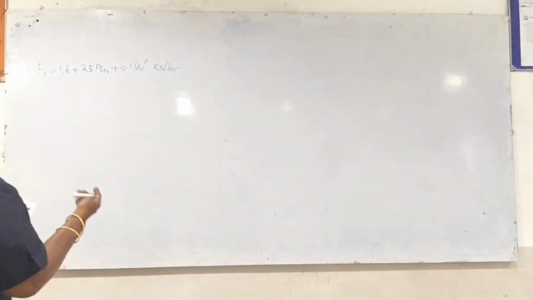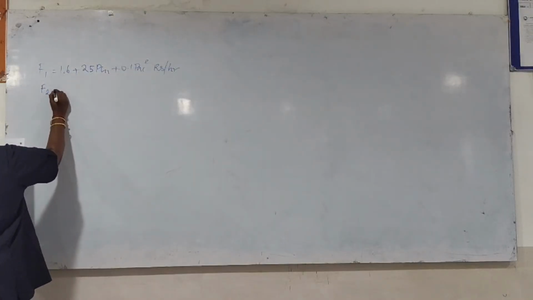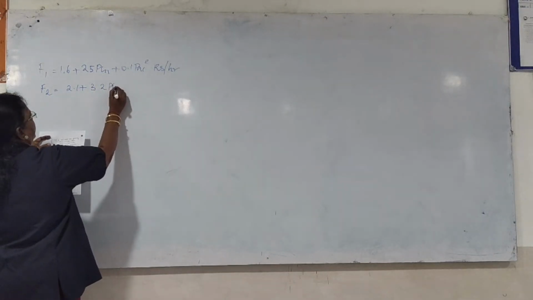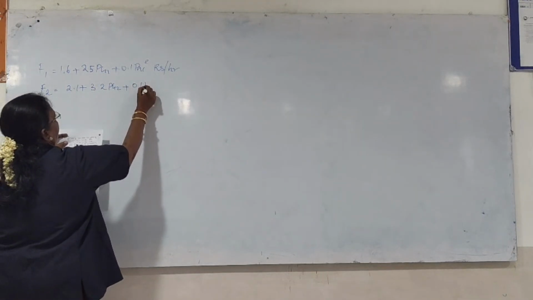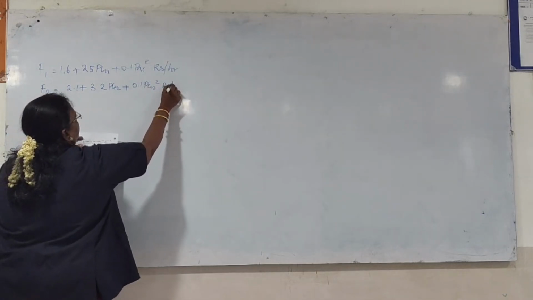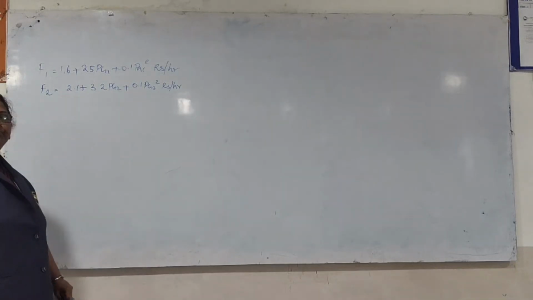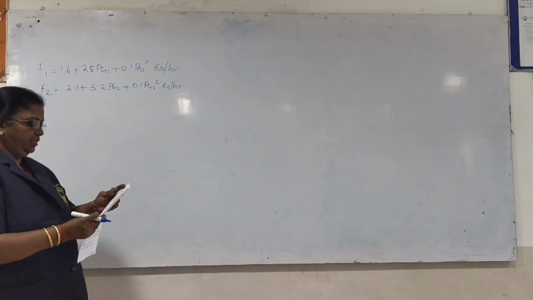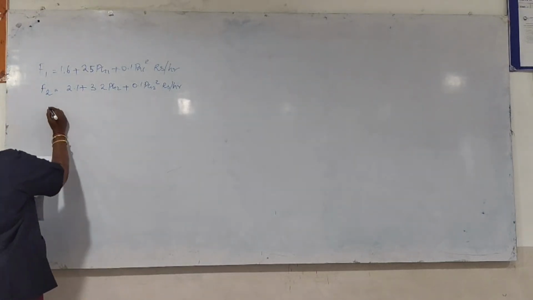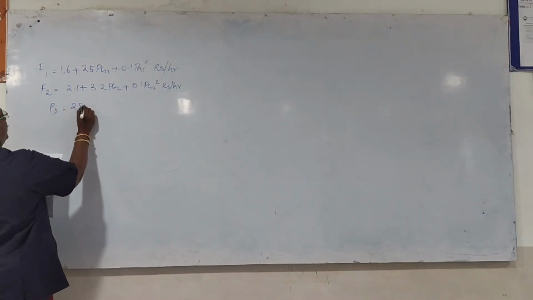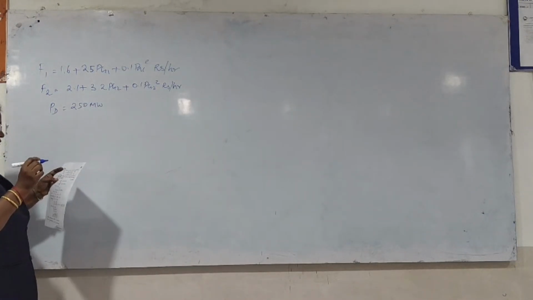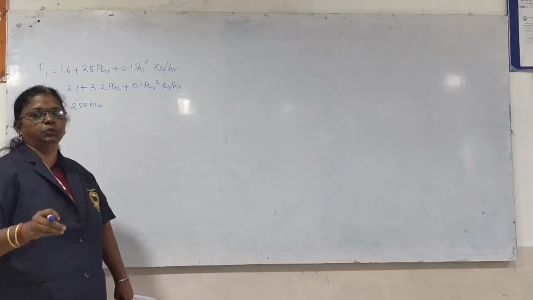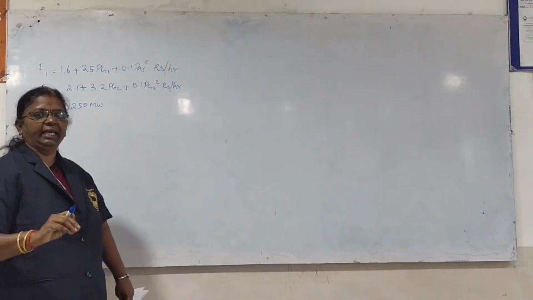For the second unit, F2 is 2.1 plus 32 Pg2 plus 0.1 Pg2 square, the unit is rupees per hour. Is it clear? So the equations F1 and F2 are given. Then the total demand on the 2 generators, PD, is 250 megawatt. So we have to find out, using the lambda iteration method, the contribution of each unit, Pg1 and Pg2.